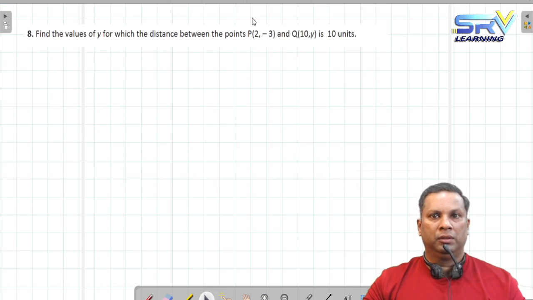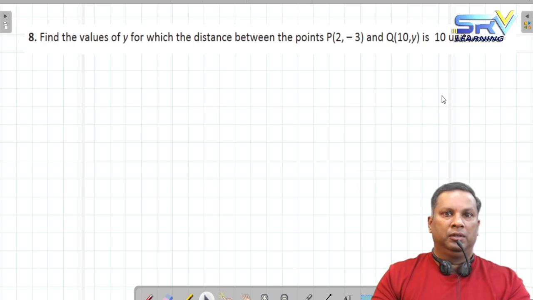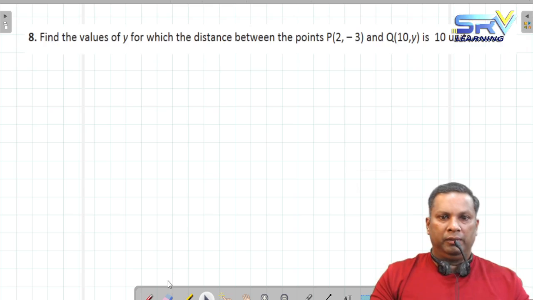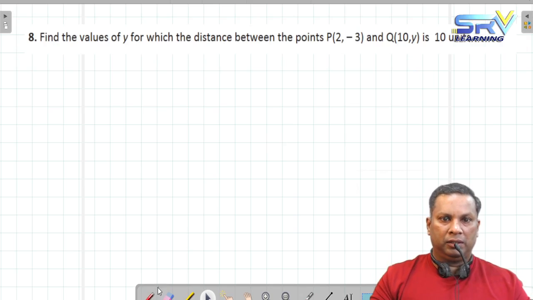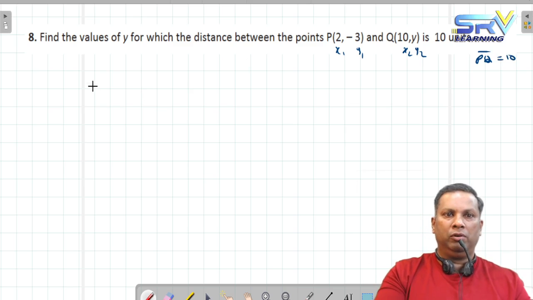See, we have this question and we have to find the value of y. यहाँ पे this is x1, y1, x2, y2 and distance given between p and q. So pq is equal to 10. यहाँ पे distance दिया हुआ है, so वो formula में डाल दो आप लोग. 10 minus 2, whole square.